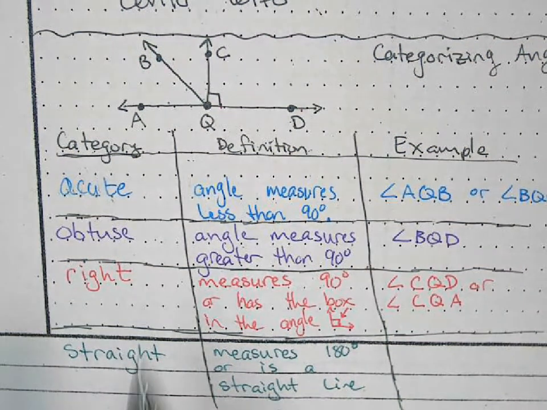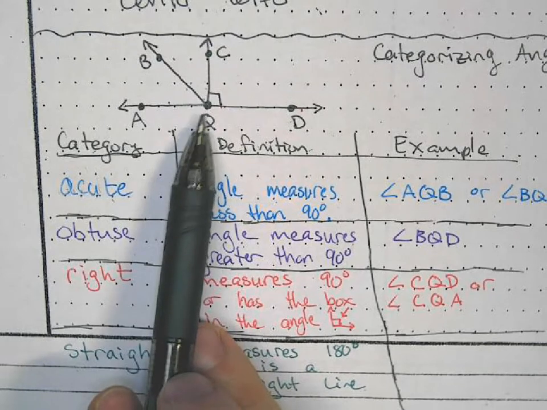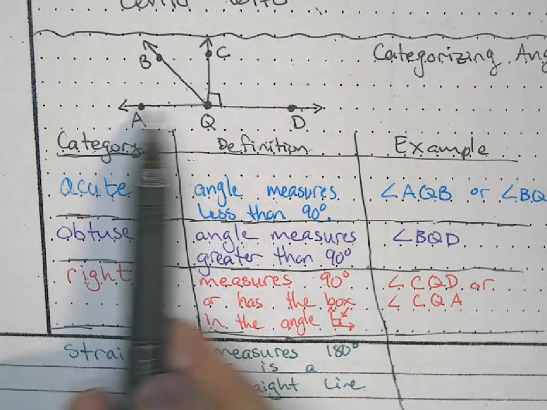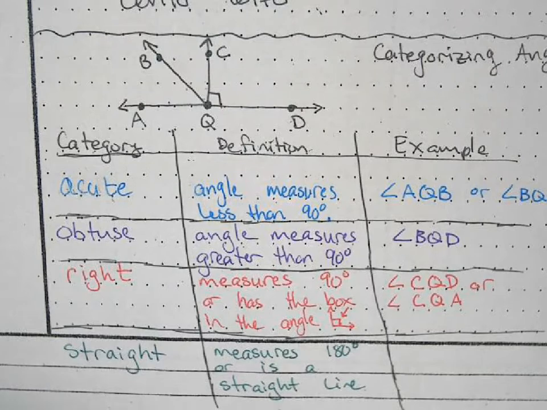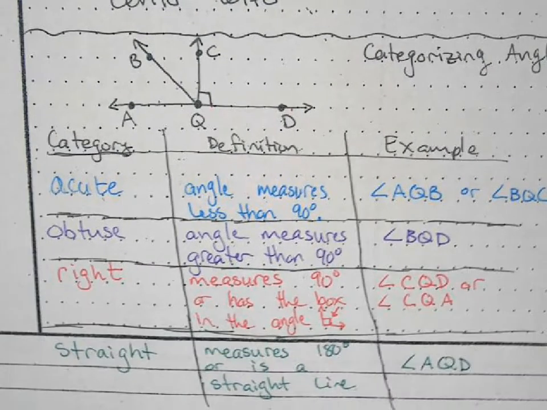And there's only one of those, and that's going to be this straight line right here. So the Q is still the vertex because it's in the middle. So I'd still say angle AQD, like so.